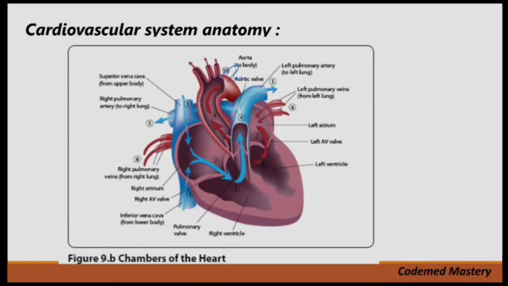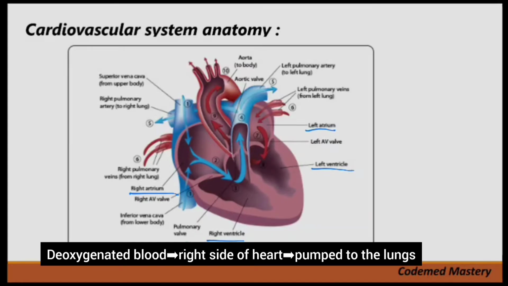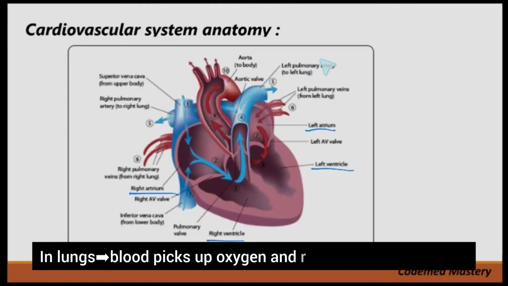So the heart has two sides, the right side and the left side. Each side has two chambers, that is right atrium, right ventricle, left atrium, left ventricle. Deoxygenated blood from the body returns to the right side of the heart and it is pumped to the lungs. In lungs, blood picks up oxygen and it releases carbon dioxide.